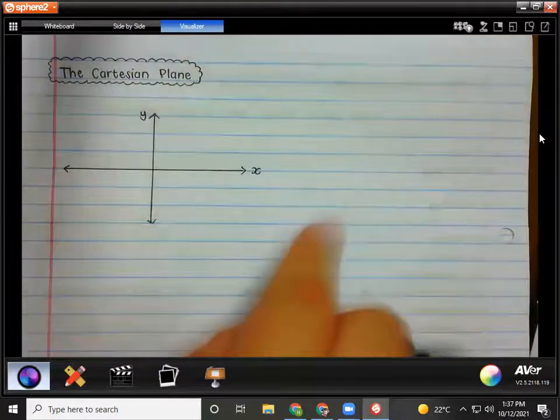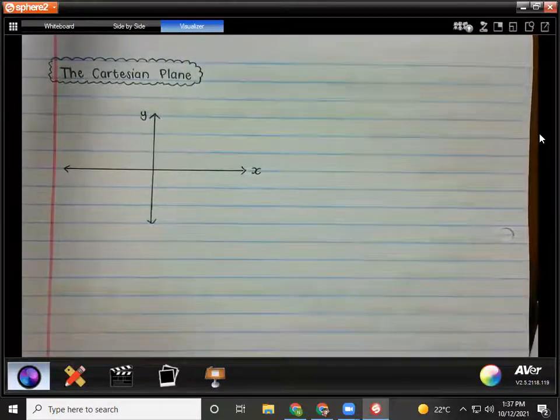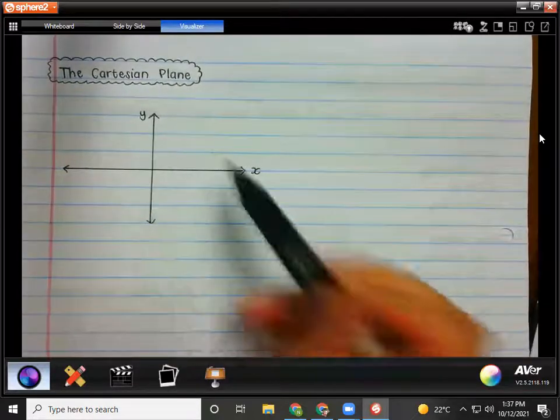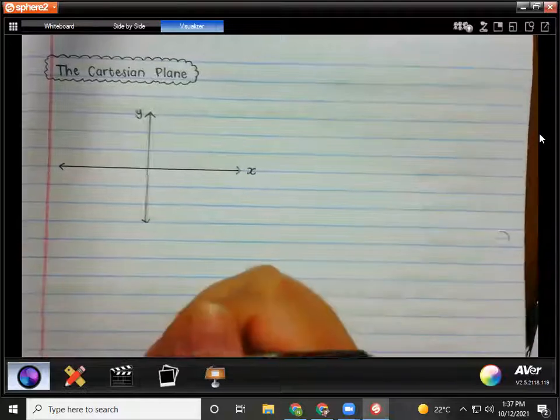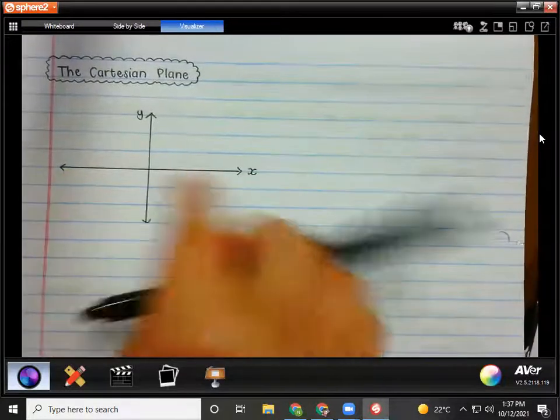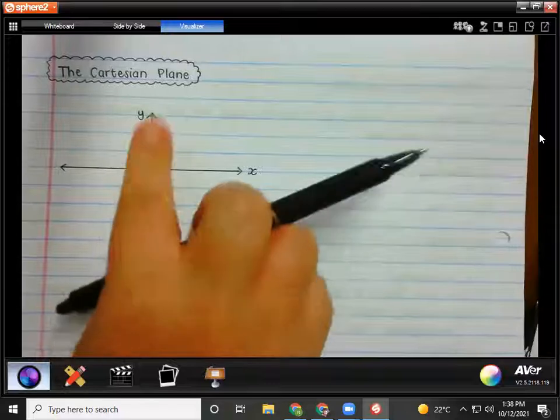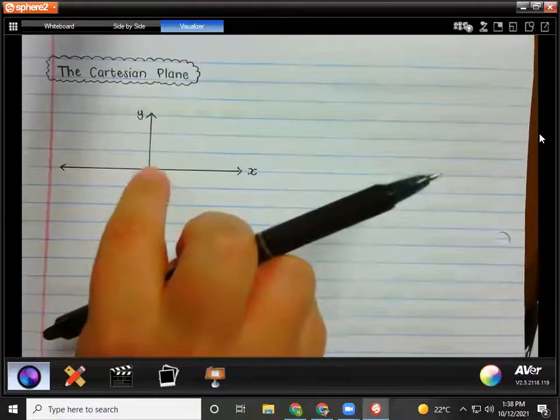Now guys, we have used these two axes for the graphs that we did homework on. But these lines are actually number lines. So the x-axis is actually a number line. And there in the middle, where the y-axis goes through the x-axis, that is where 0 would be.